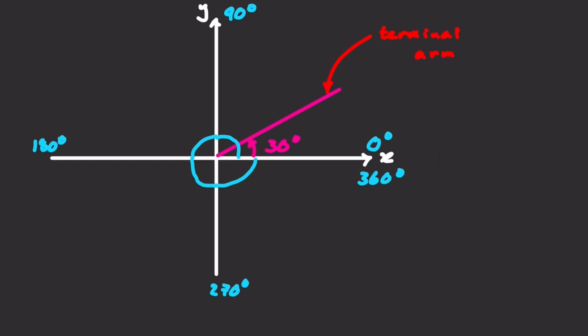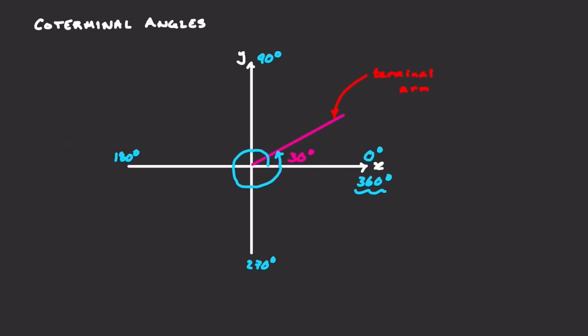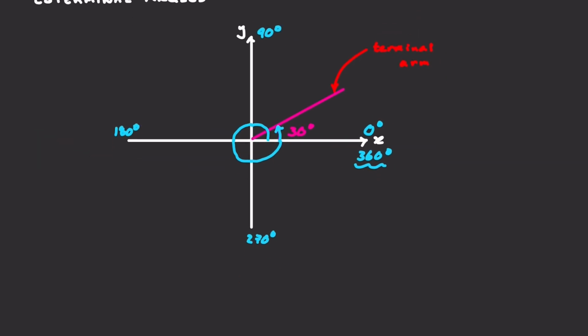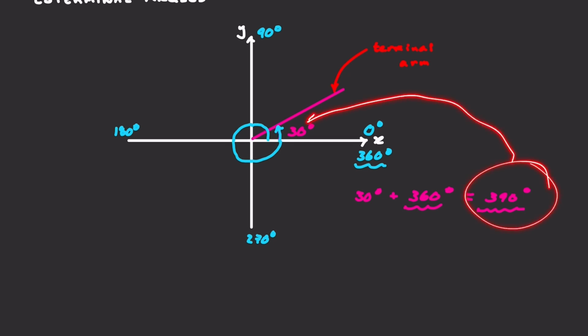So we do 360 degrees and we add 30 degrees and we end up at the same terminal arm as our 30-degree angle. And so essentially all we did was take our 30-degree angle and add 360 degrees. And we got our coterminal angle, in this case, 390 degrees. And this 390 degrees is the coterminal angle of 30 degrees.